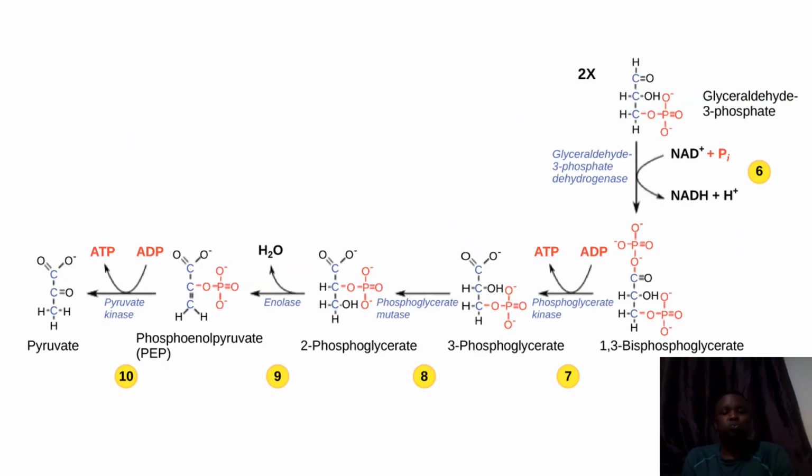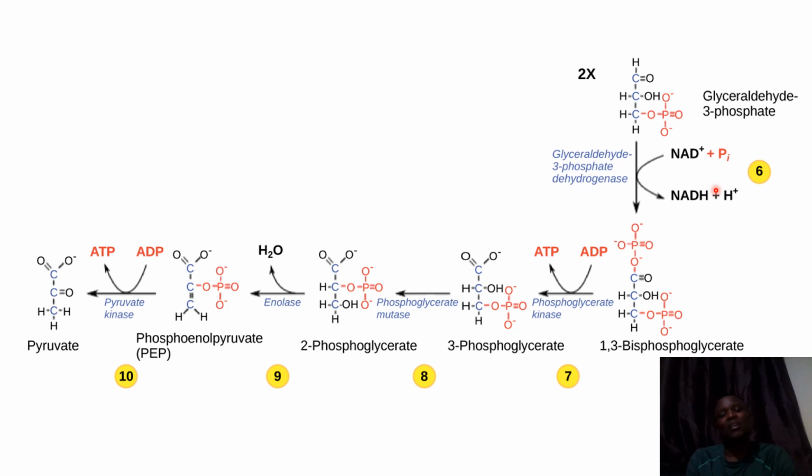Now, this is the representation of stage 6 to 10, where the 3-carbon molecules are converted into 1,3-bisphosphoglycerate with the help of the enzyme glyceraldehyde 3-phosphate dehydrogenase.